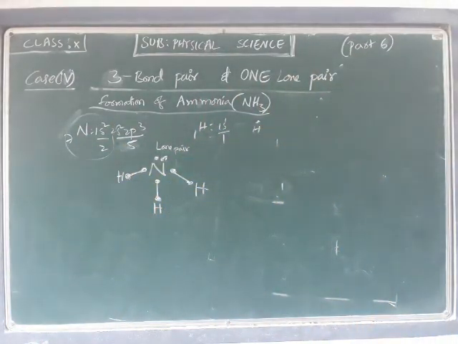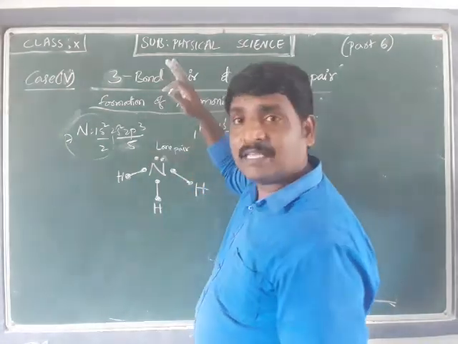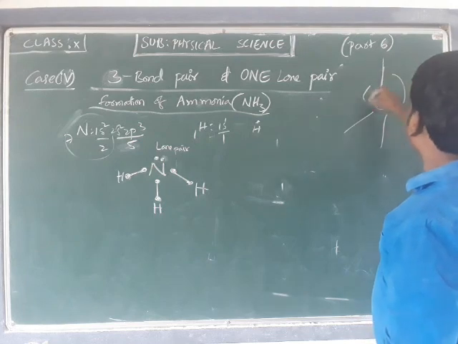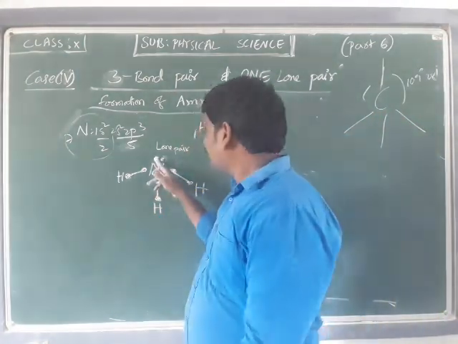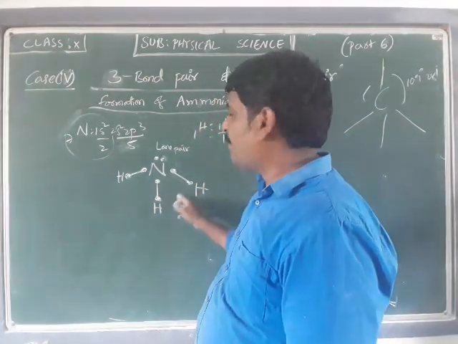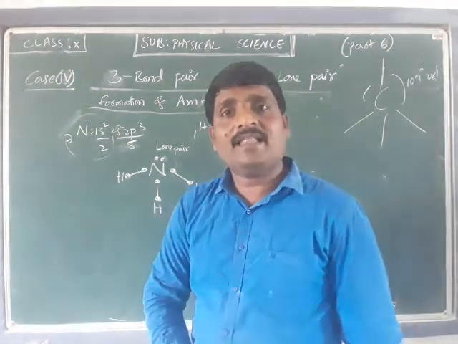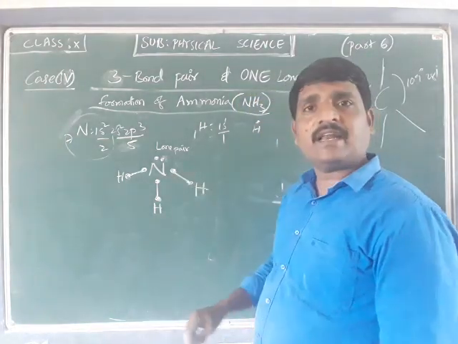See, as there are four pairs of electrons, as in the case of methane, where four pairs of electrons attained 109 degrees 28 minutes, here also it is expected, and a tetrahedral shape. This one is a lone pair and these are bond pairs. We expected that the bond angle is 109 degrees 28 minutes and the shape is tetrahedral.